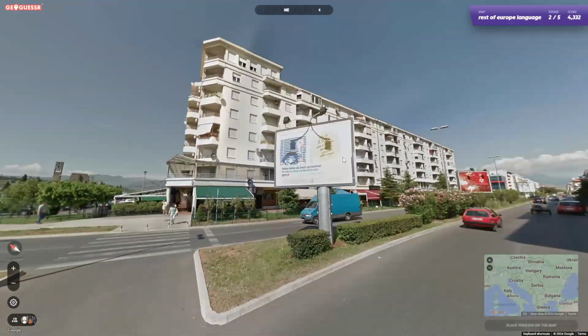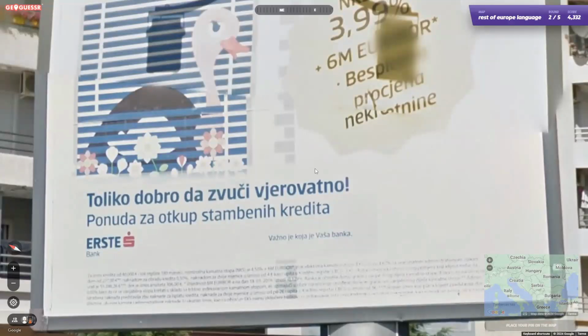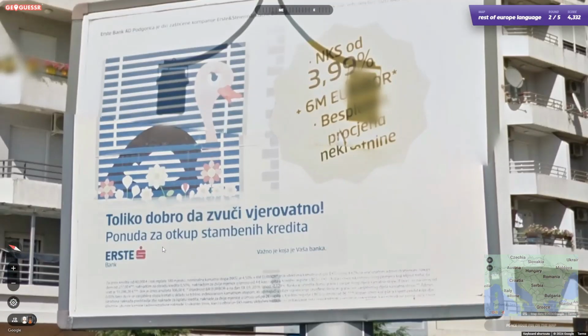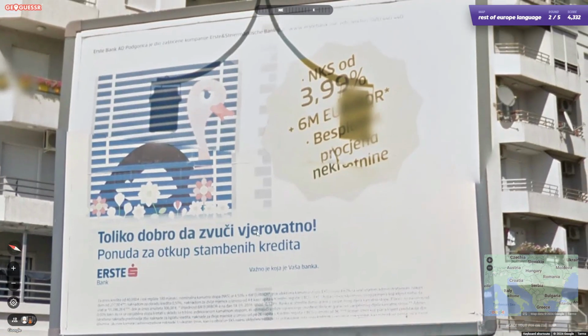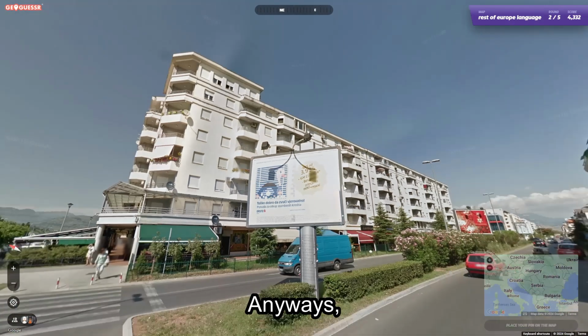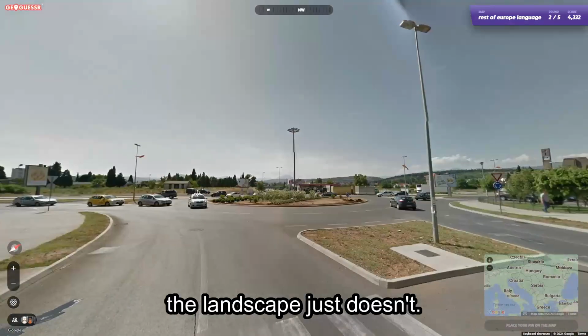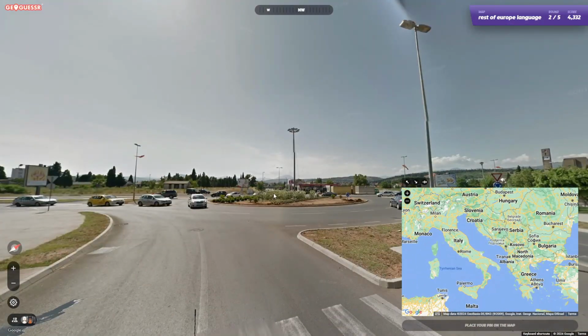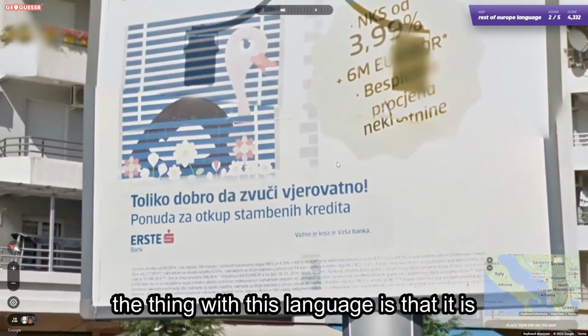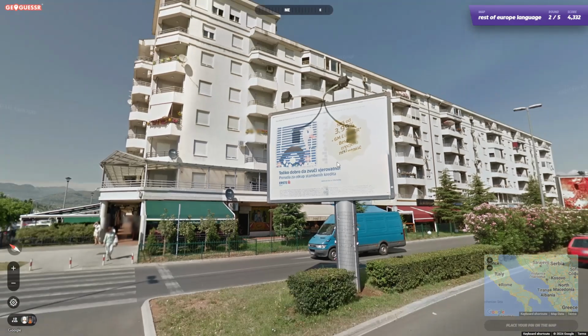Okay, so this, we don't see the thing that I just talked about. And it doesn't really look like Czechoslovakia anyways. The landscape looks very Mediterranean, so we'll just start there. The thing with this language is that it is not unique.